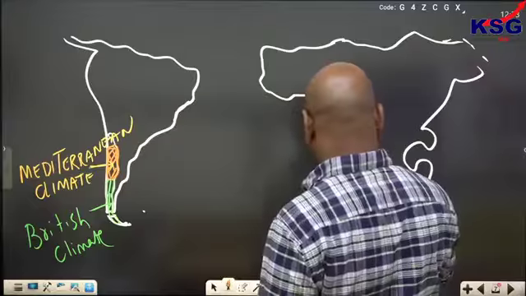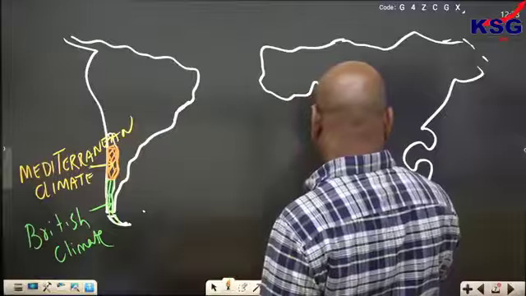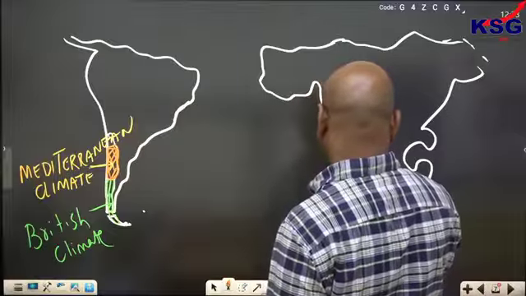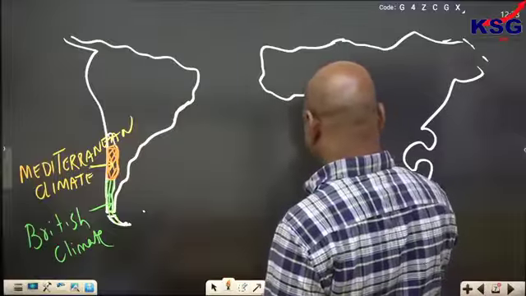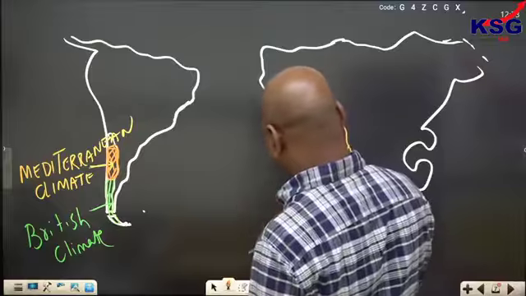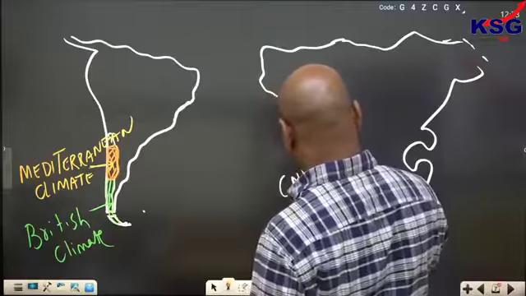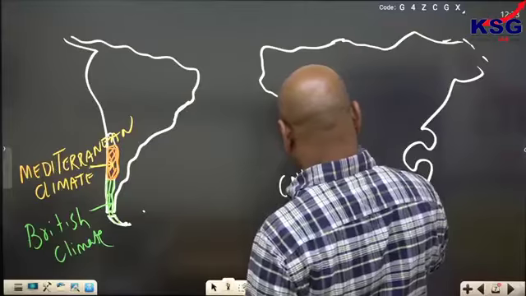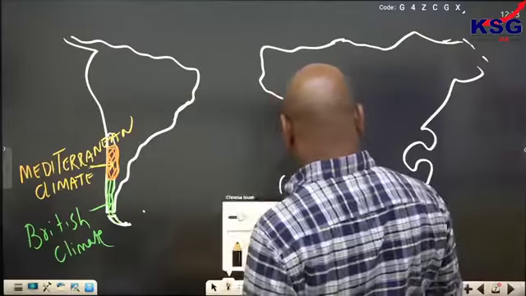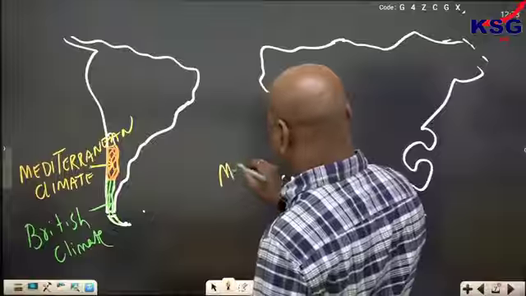In case of this region, this is the area, California regions. California region, this is for what? This is again the Mediterranean climate.